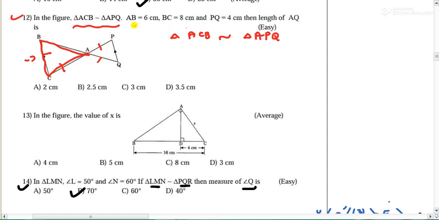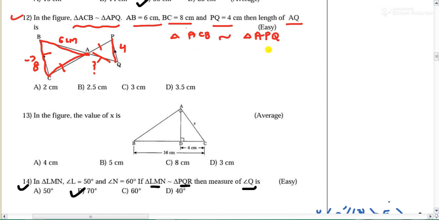Now AB is 6 centimeter. BC is 8 centimeter, it's this side. PQ is 4. So this is PQ. Then find the length of AQ. This is AQ. So if two triangles are similar, we can use BPT.